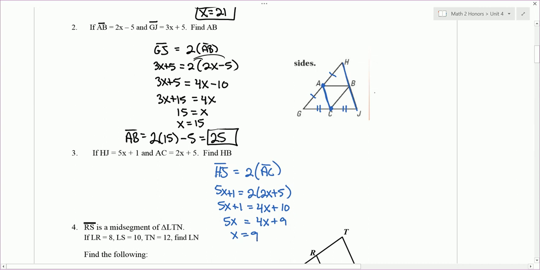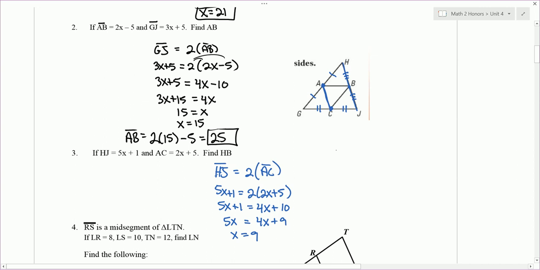Now we want to find HB. Well, B is the midpoint of HJ. We could do this two ways. If we know the length of HJ, we can cut it in half and find the length of HB. Or we can say that the length of the midsegment, AC, is the same as the length of HB.